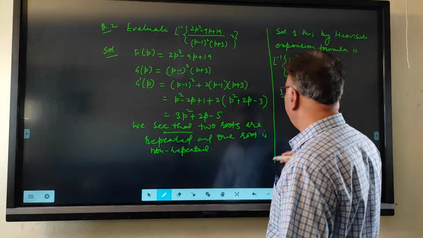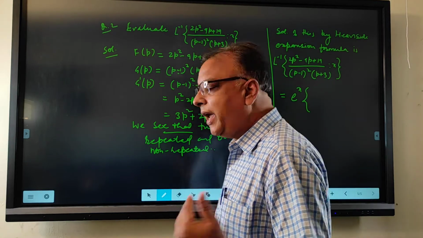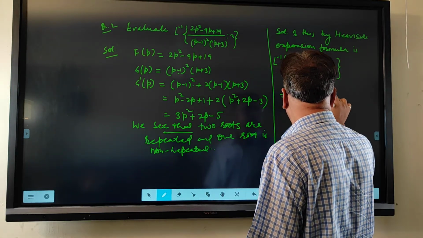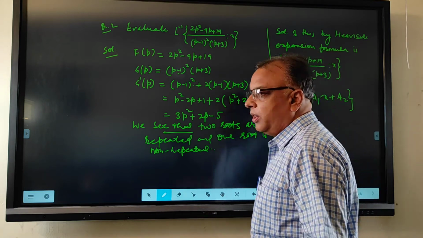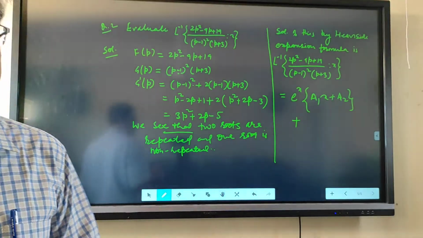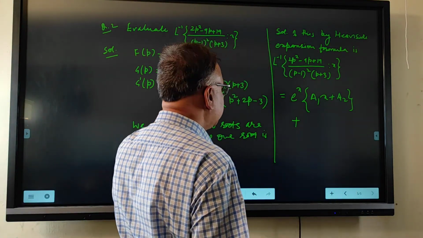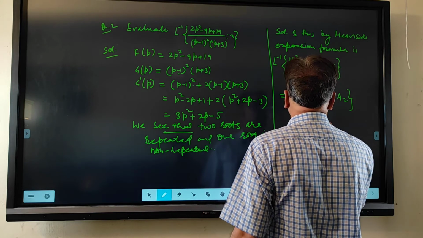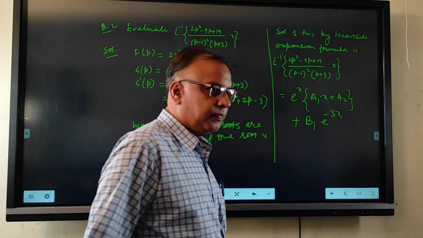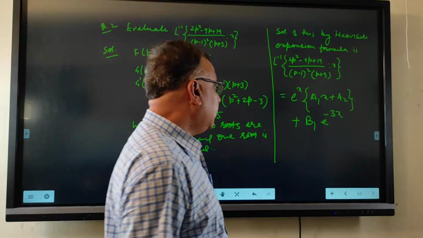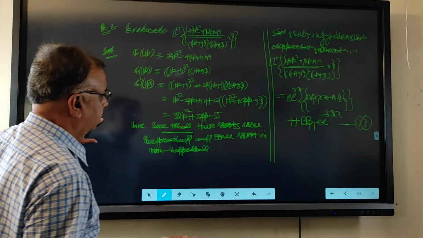The repeated root is 1, so this is e raised to x into (a1 x plus a2), plus for the non-repeated root, which is only one, minus 3, b1 into e raised to minus 3x. Our task is to find these constants a1, a2 and b1.